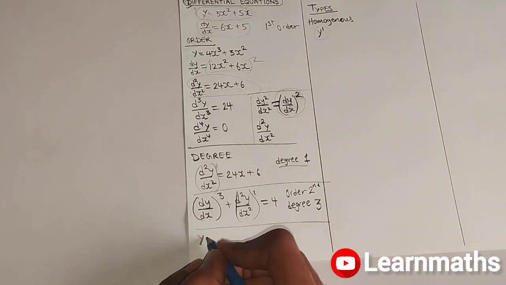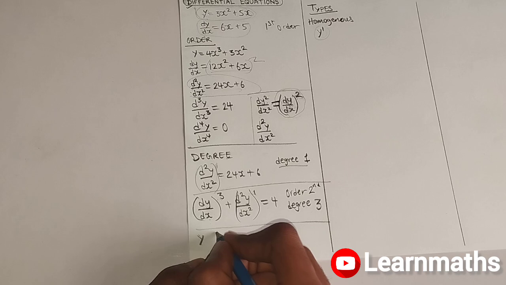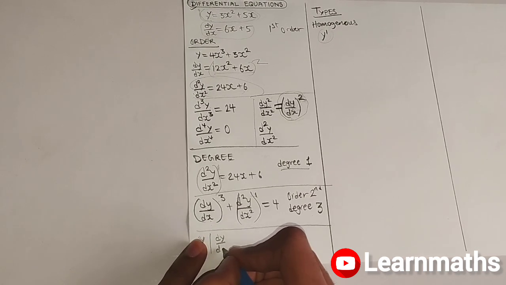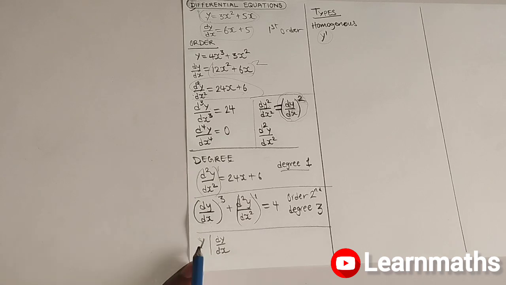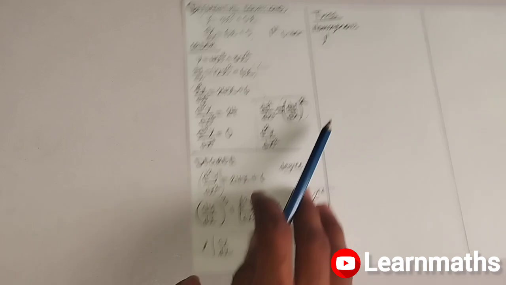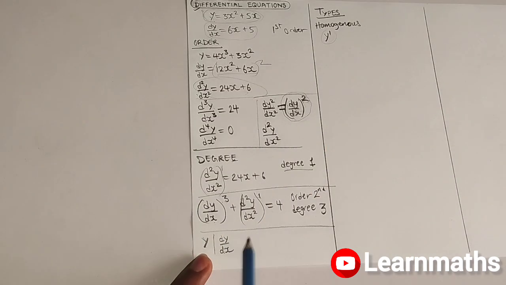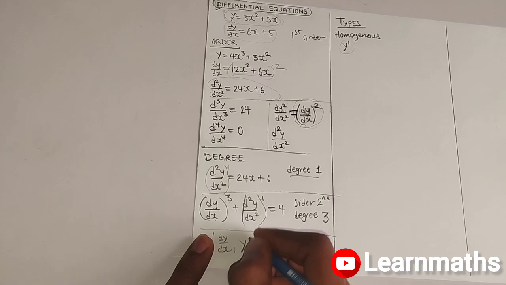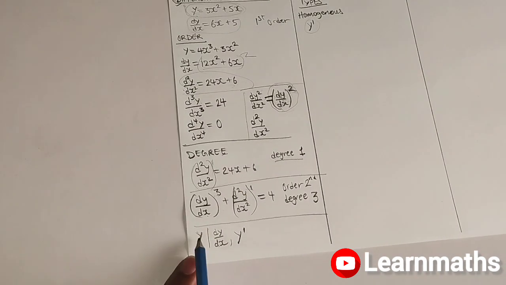Now, instead of saying the differential of y is dy dx, you can also express dy dx as y prime. You can express the differential of y as y prime instead of dy dx.